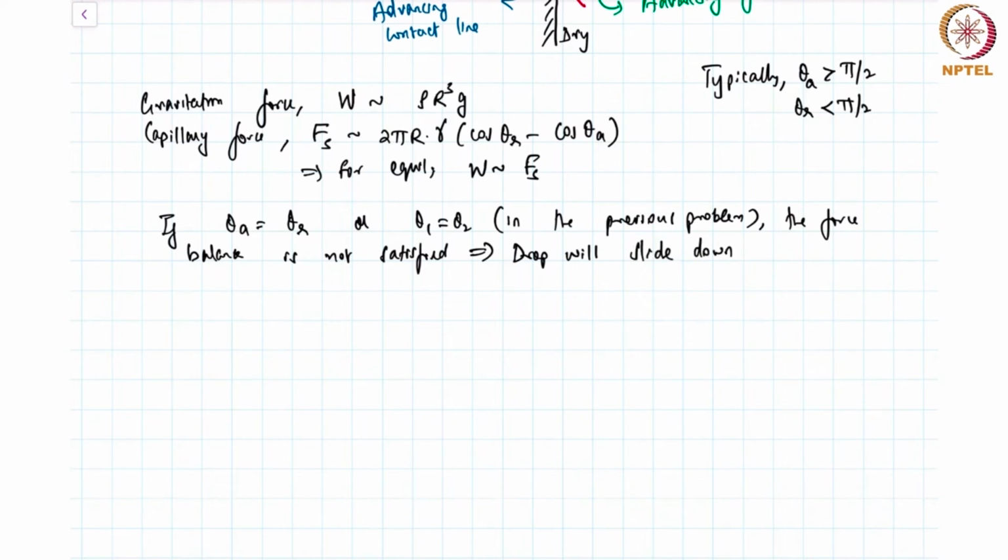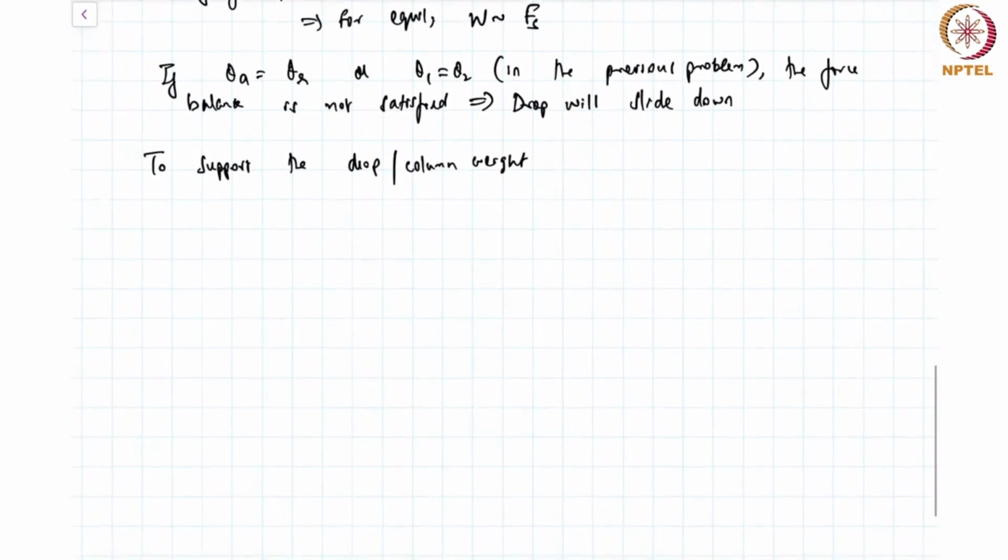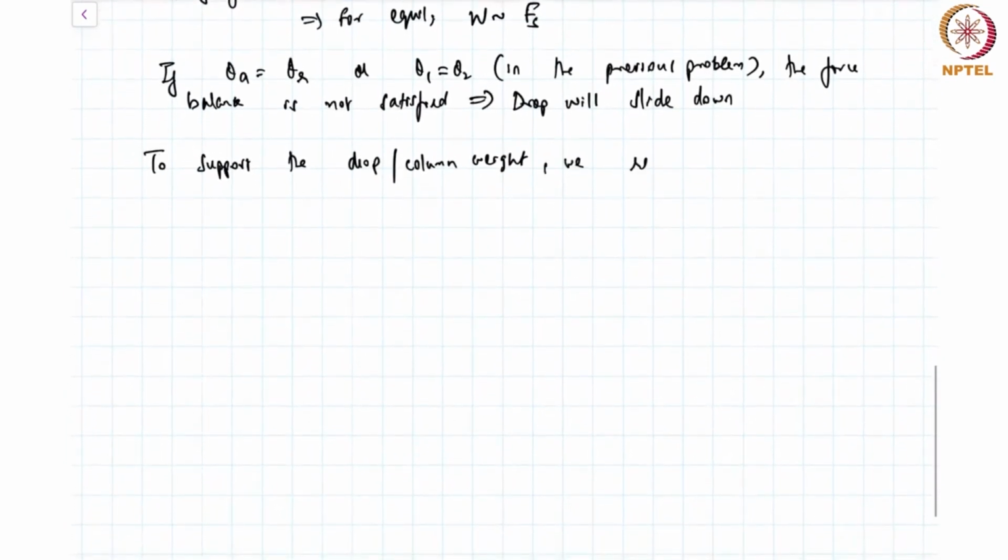So it tells us that to support the drop or the column weight, we require a contact angle hysteresis.